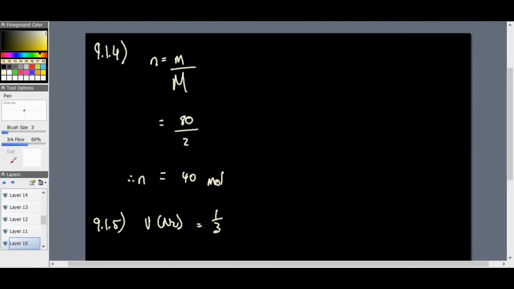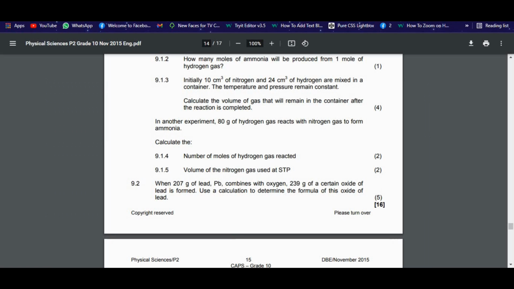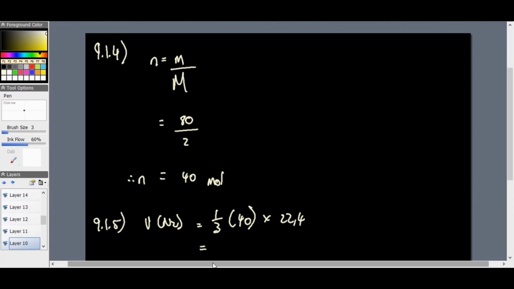It's still a third of the amount of moles of hydrogen, 1 over 3, multiplied by the volume at STP, which is 22,4 decimeters cubed, and we get the volume of nitrogen gas used at STP, which is roughly 298,67 decimeters cubed.